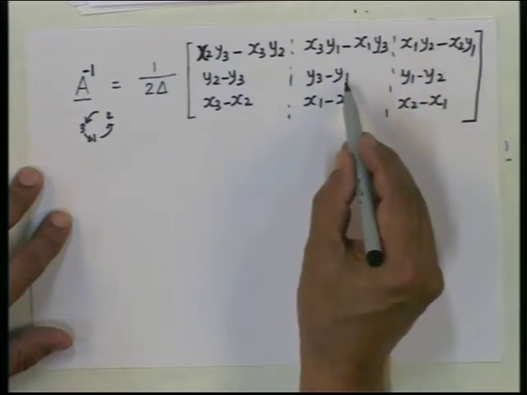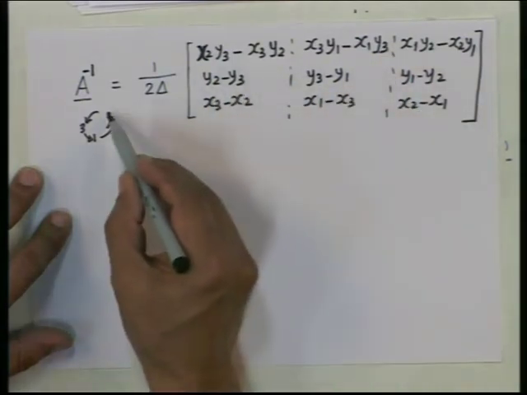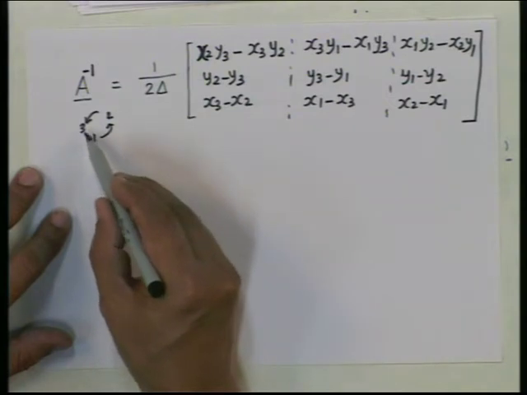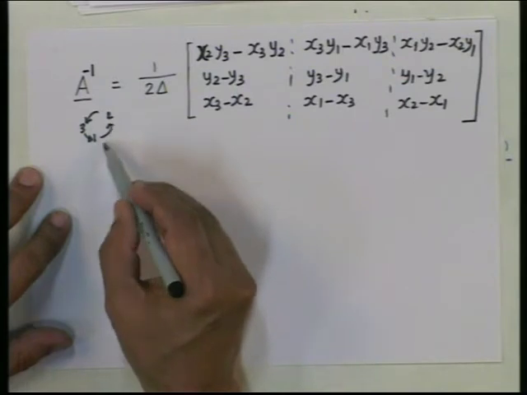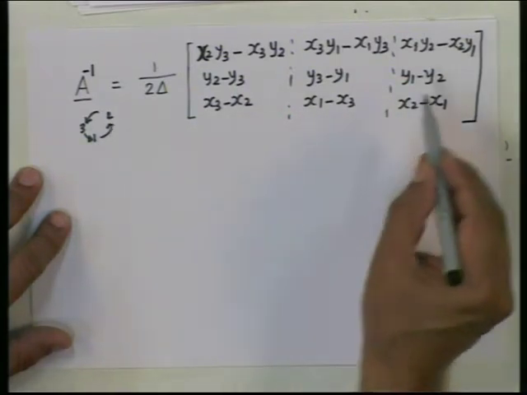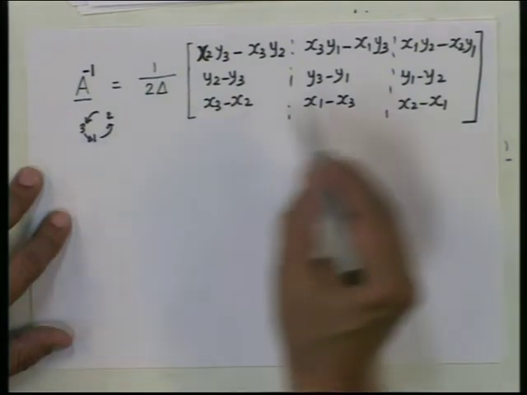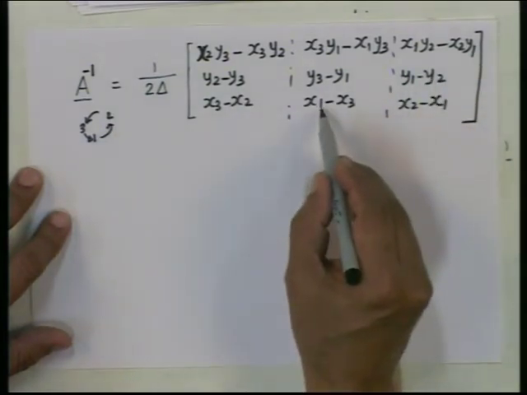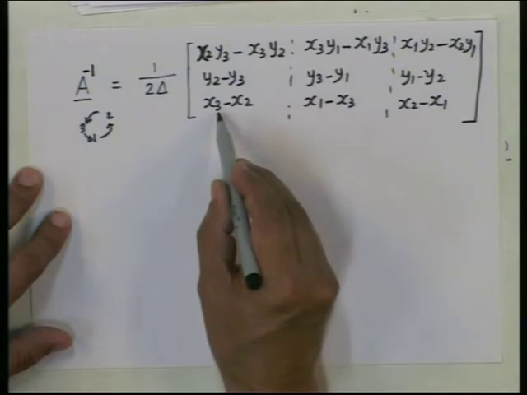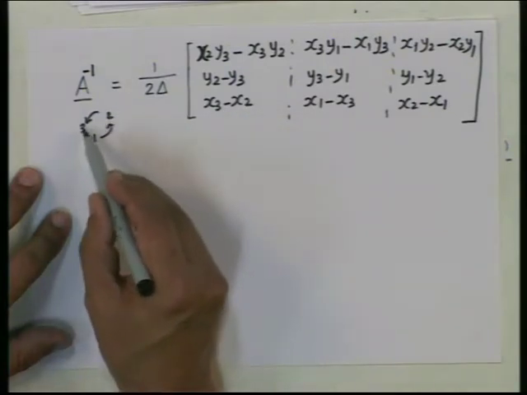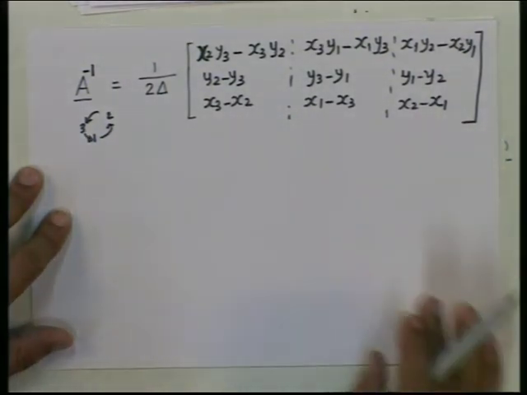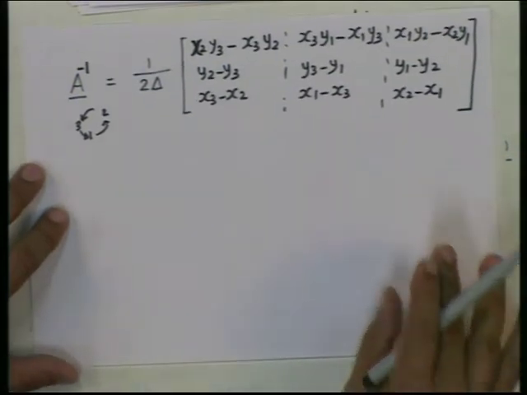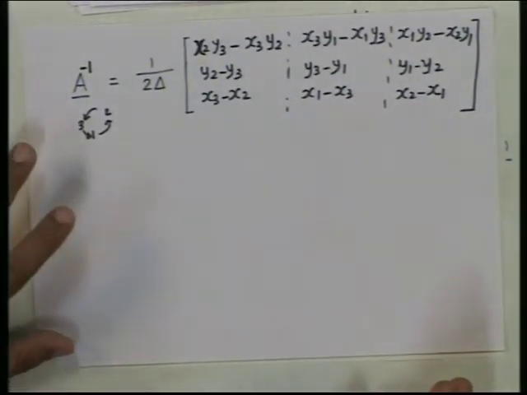Similarly, it is 3 minus 1, here it was 2 and 3, and here it is 3 and 1, then next one will be 1 and 2. Similarly for y, here it is 3 2, then it will be 1 3, and then it should be 2 and 1. So after a little practice, you can know whether whatever you have written is right or not.